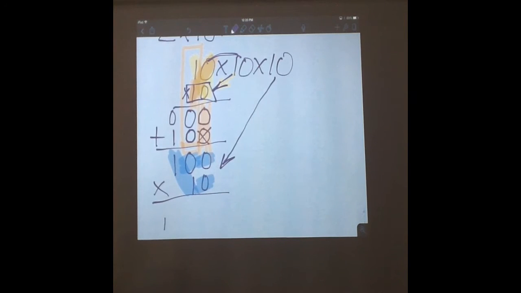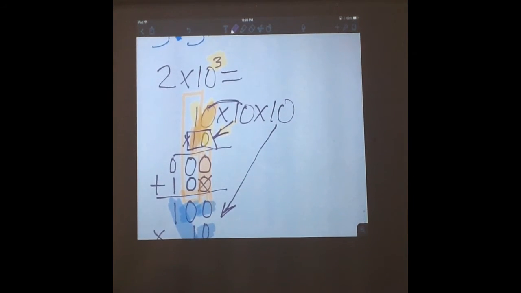So I'm going to follow it with 3 zeros. So that makes this what number? 1,000. So now we've learned that this 10 to the 3rd power, or the 10 with an exponent of 3, equals 1,000. Does that make sense? Are you with me? So 10 times 10 times 10 equals 1,000.